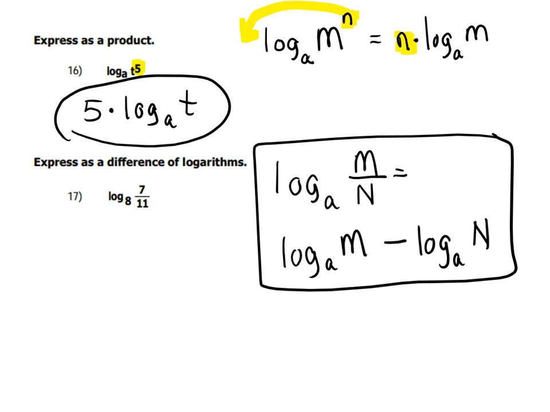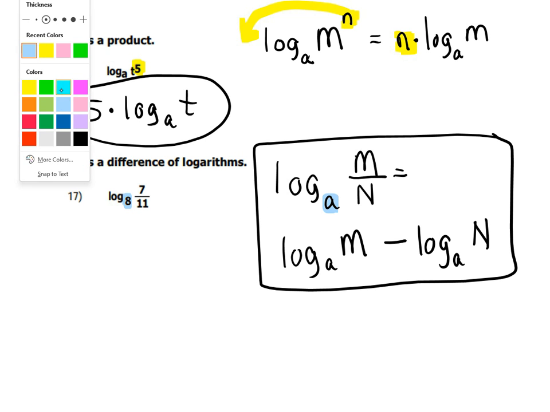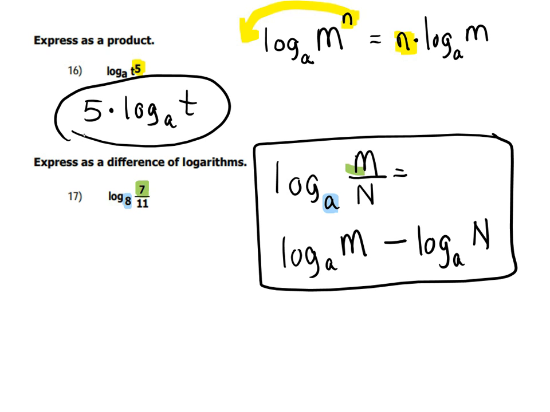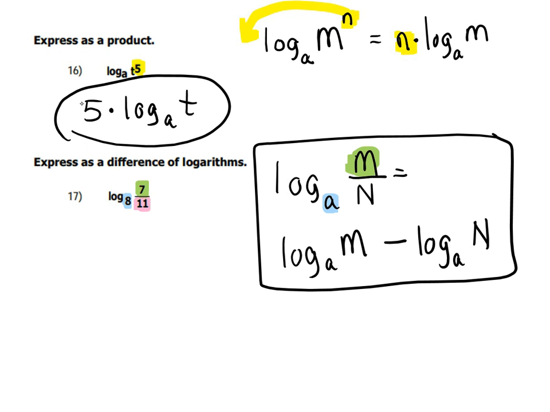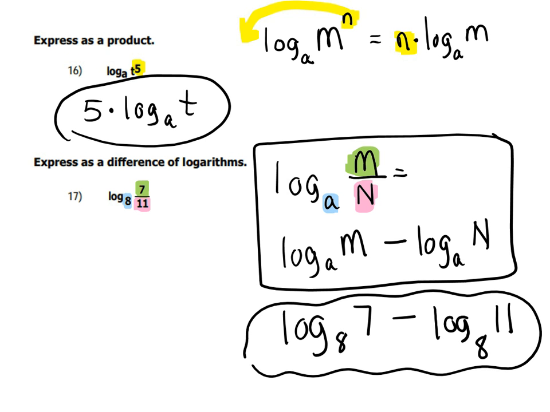And in this problem, my 8 is where the a is, my 7 is where the m is, and the 11 is where the n is. So I'm going to rewrite this as log base 8 of 7 minus log base 8 of 11. And that's my answer. And I'm sticking to it.